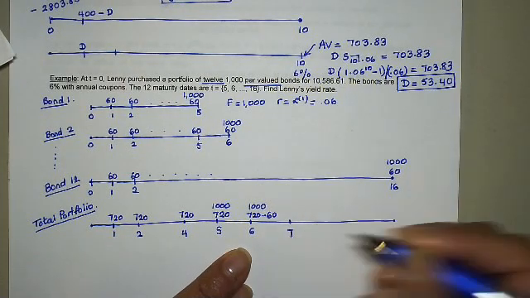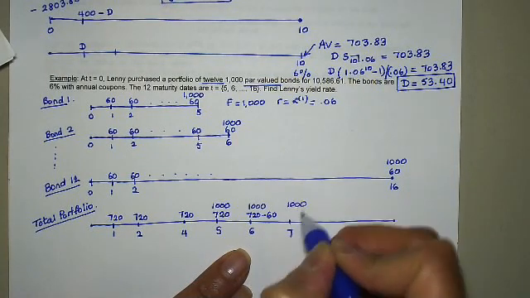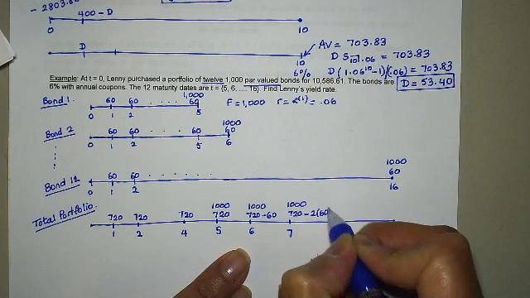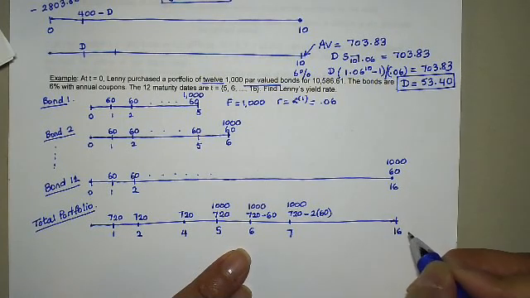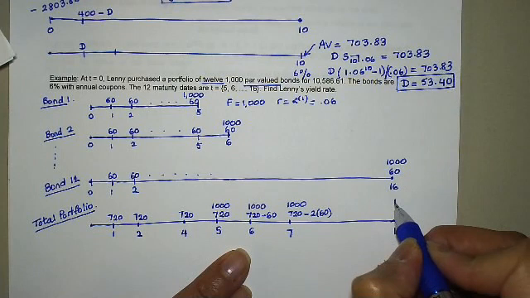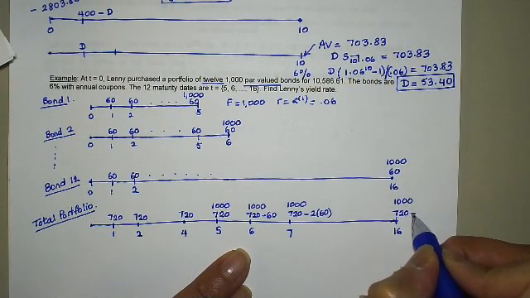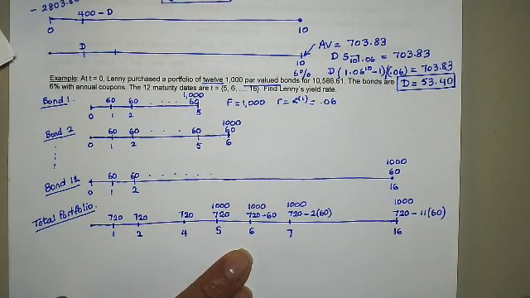And then at time 7, you lose two 60s. You have a 1,000, you have a 720 less 2 times 60. Got it? Continue this process. At time 16, you have 1,000, 720 minus, you've lost 11 60s.